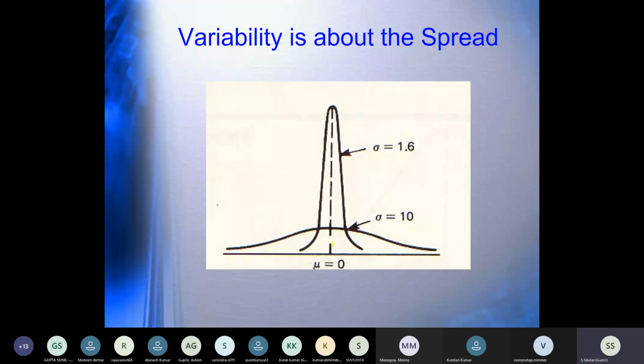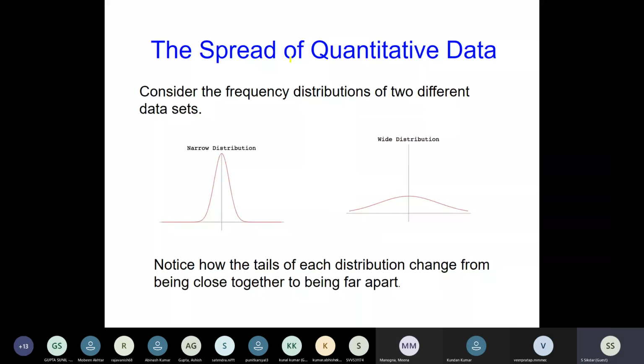Some data may fall somewhere here, but that is not true for the one with a peak like this. As I said earlier, this is a narrow distribution, while the other is a very wide distribution.